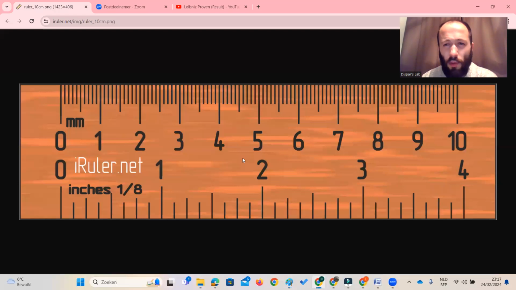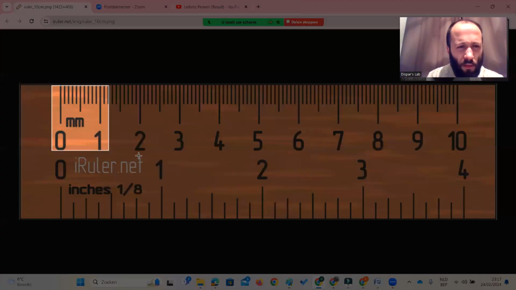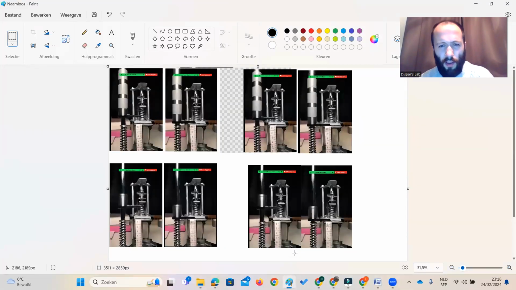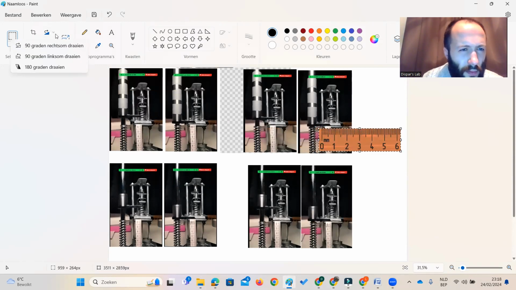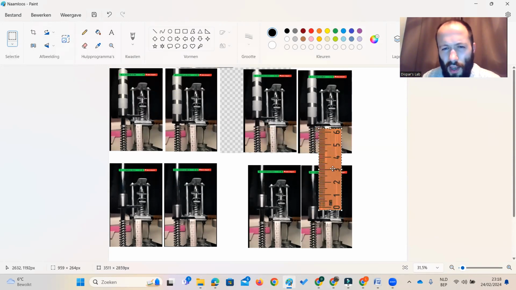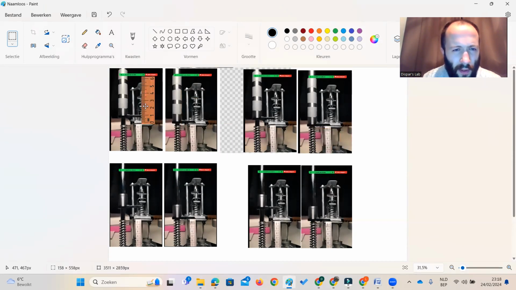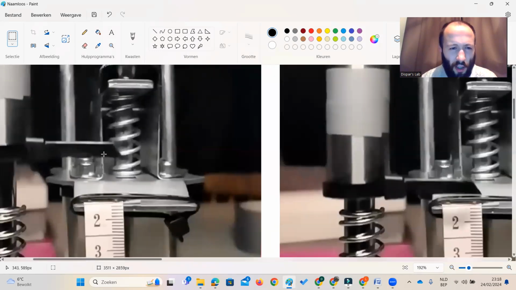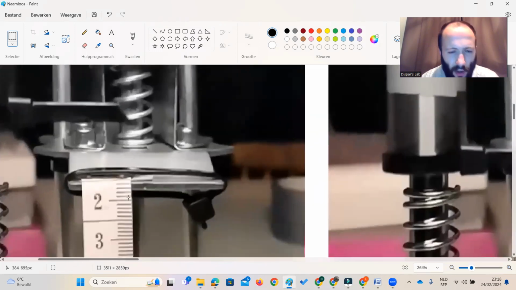So this is going to be my ruler. Let's take a print screen of this one. Let's take 6 centimeters. Place it over here. We have to rotate it. And now we have to make it smaller to fit it. So what I'm going to do is pick a reference line, and it's going to be the 2 centimeter mark.